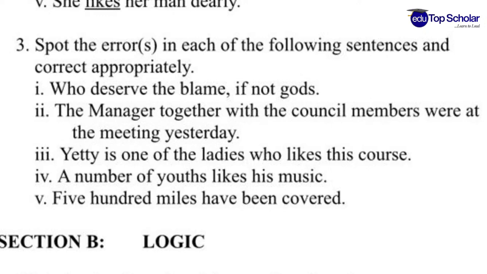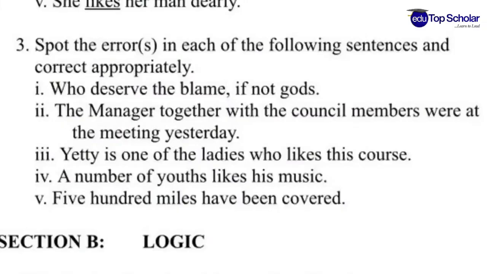Like I taught you in class, a singular subject will take a singular verb. Now, a singular verb will always carry an S. So when you have a singular subject, which is who, then it must be deserves. Who deserves the blame?